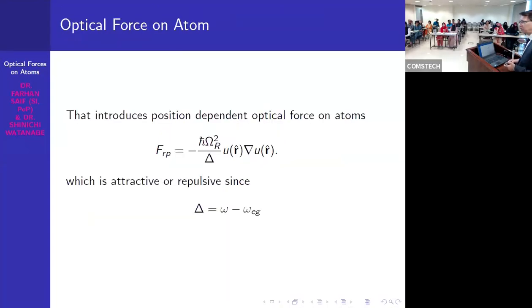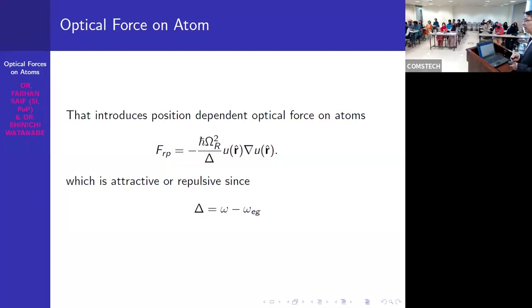Now, if we want to calculate the force applied by the optical field on the atom, that can be easily calculated as minus del V, where V is the potential energy of the system. From there we obtain a simple relationship, and we observe that this force depends upon the field profile, and where the change in the profile is larger, the force is larger.